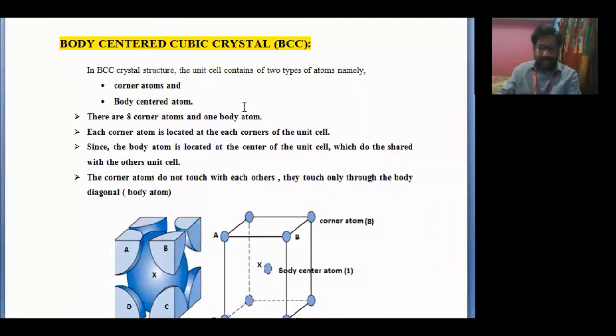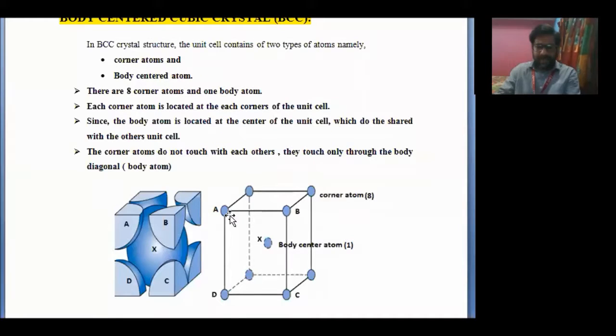Once again, I am repeating the assumption. In the BCC crystal structure, the unit cell consists of two types of atoms, namely corner atom and body-centered atom. In a unit cell of a BCC crystal structure, there are eight corners.